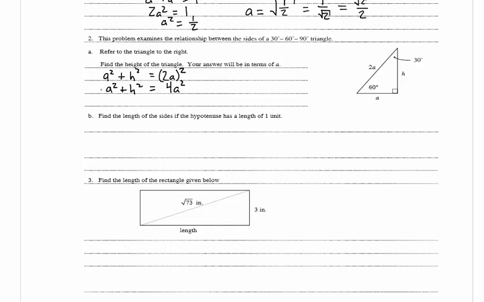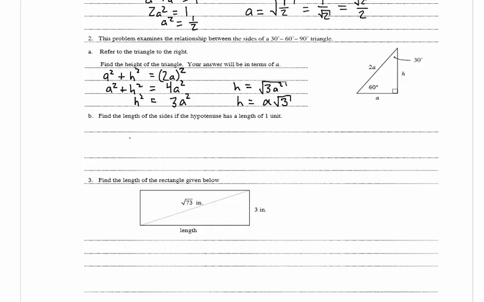And I'm going to subtract a squared from both sides. So I have h squared is equal to 3a squared. And now I'm going to take the square root of both sides, and I get h is equal to the square root of 3a squared, which we could write as h is equal to a times the square root of 3.